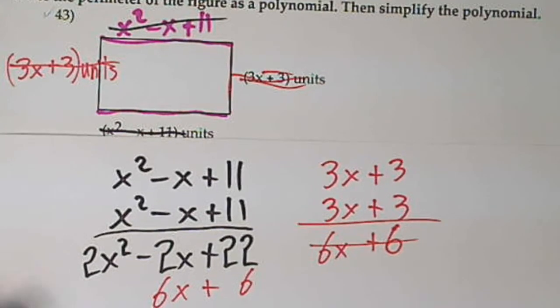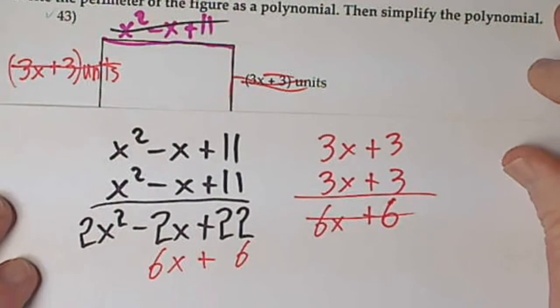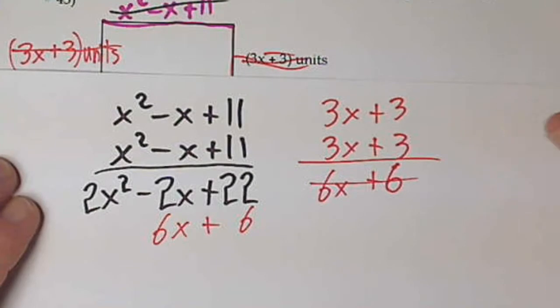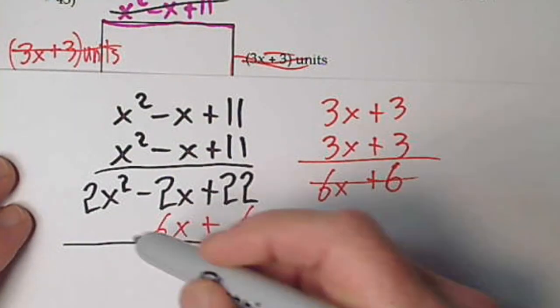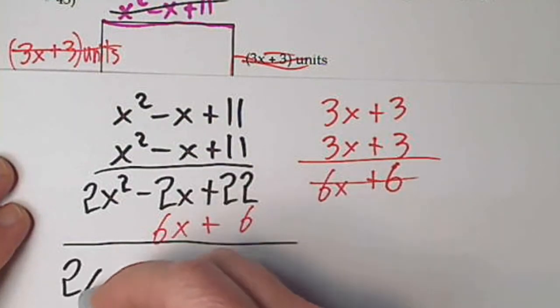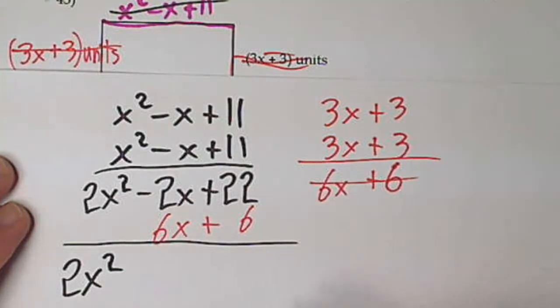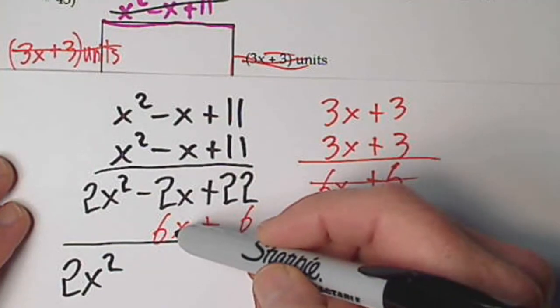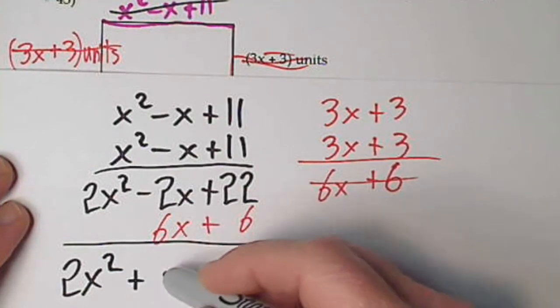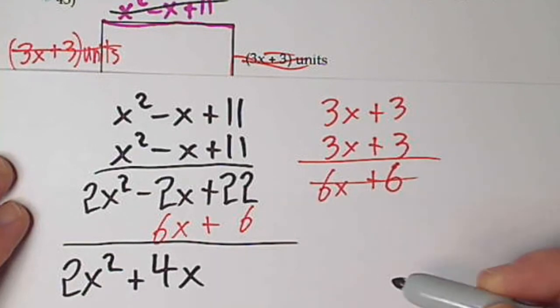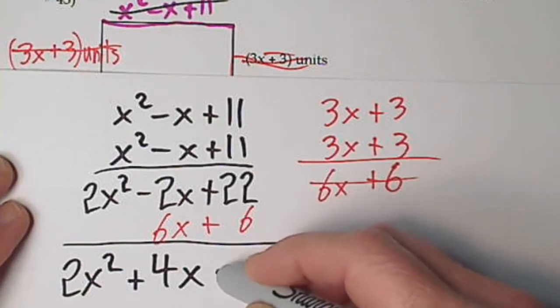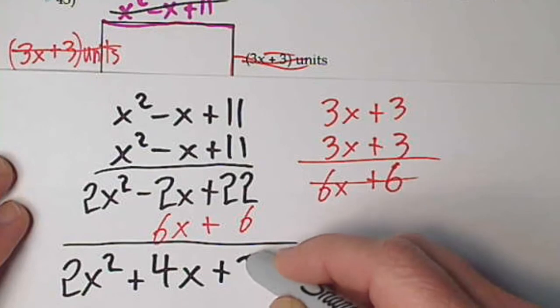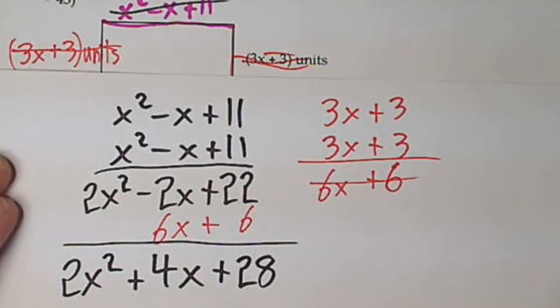And when we combine the whole thing, slide this up even more, we have 2x squared. Okay, negative 2x positive 6x leaves us with a positive 4x. And then 22 and 6, both positive, leaves us with 28.